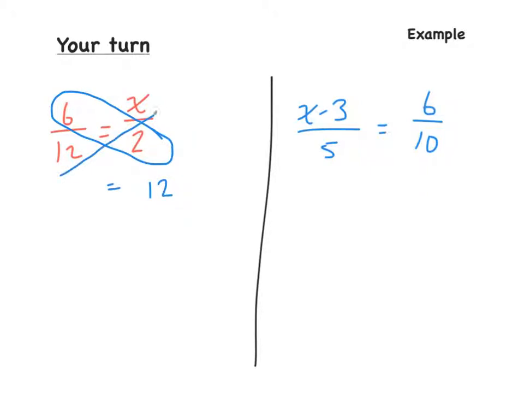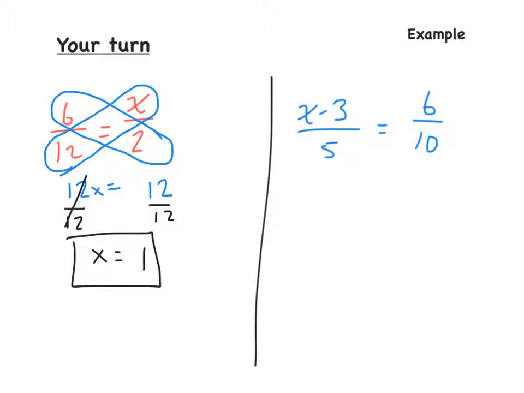Then we have 12 times x is equal to 12x. So, 12 times what is equal to 12? In this case, we could just divide by 12 on both sides. So all we have left on the left side is x. So what's 12 divided by 12? That is 1. So x is equal to 1.